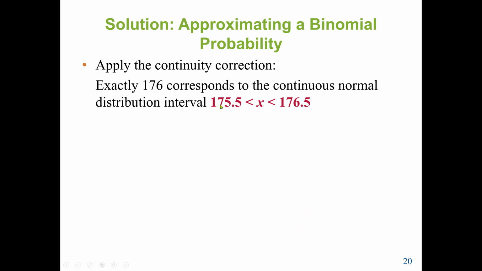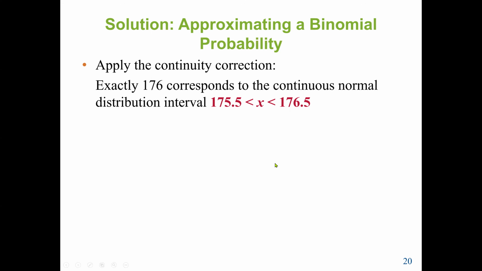So it's 175.5 and 176.5. This time we are including to the right because they say exactly 176. So we increase to the right and decrease to the left, 0.5, 0.5. Now, if they said less than 176, then we would only use 175.5. We don't have to go to the greater section.